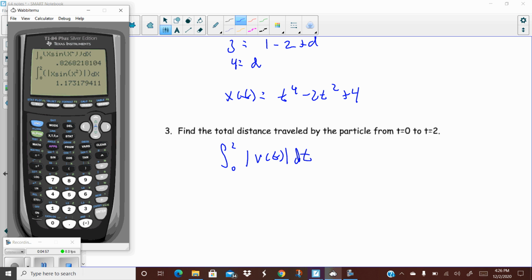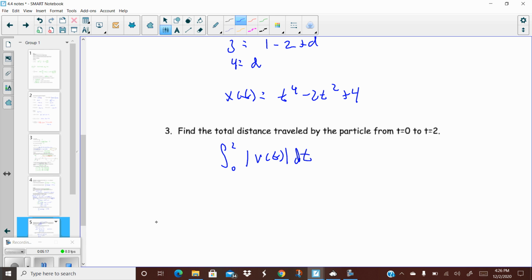So let's see, Math 9, 0 to 2. Need to do the absolute value, so that's math, num, and then absolute value is the first one. I think that I've already forgotten what the velocity function was.